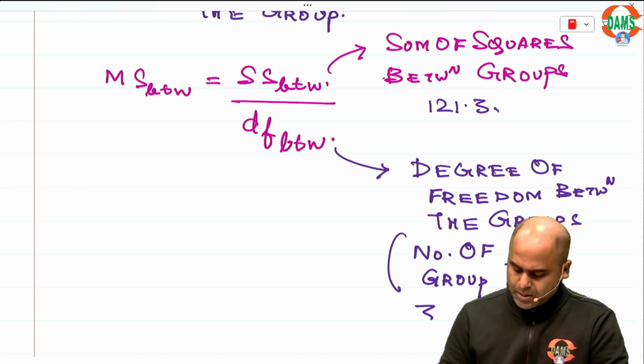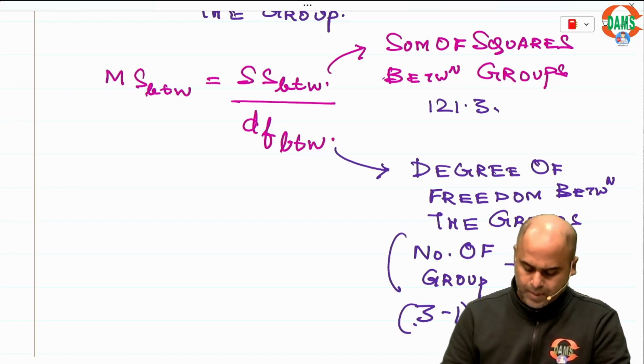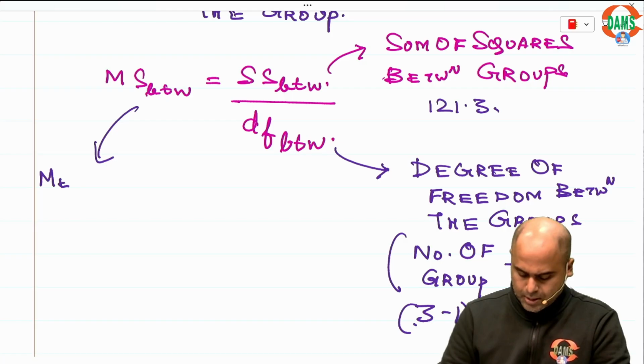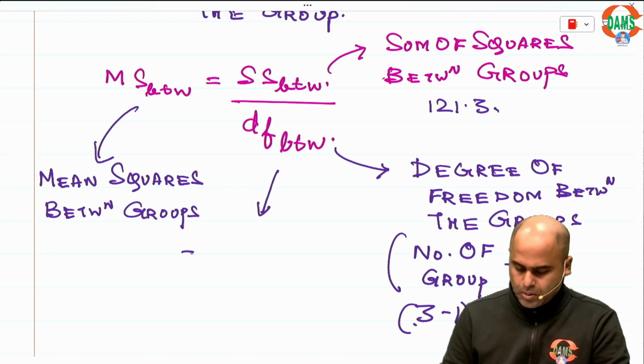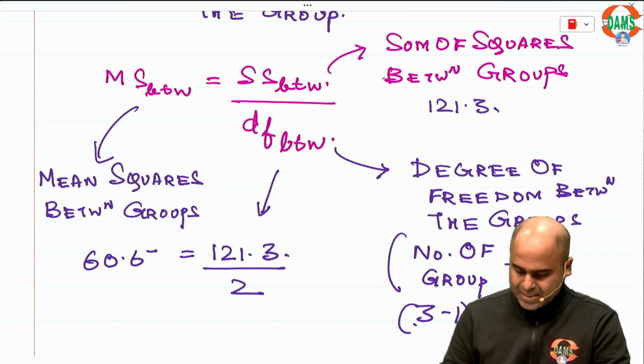So this becomes 3 minus 1, and this is the mean squares between the groups. So this value comes out as 121.3 by 2, which comes out as 60.67.